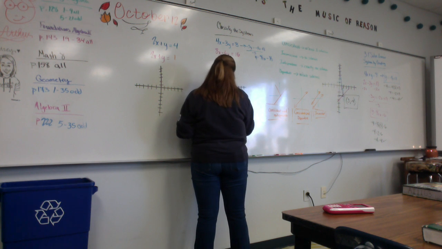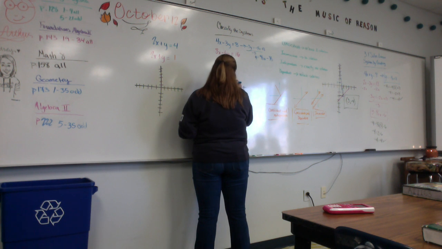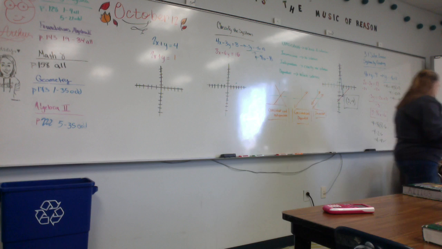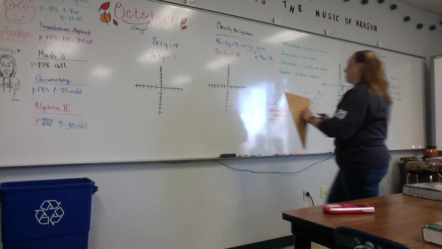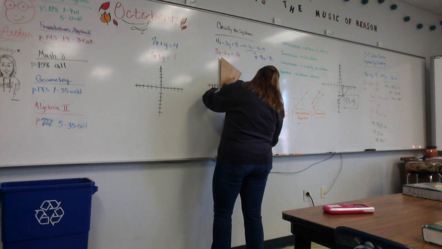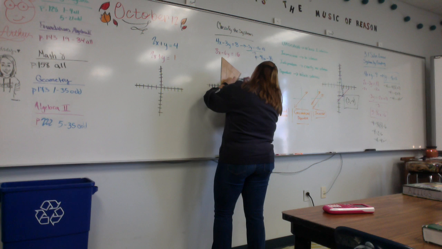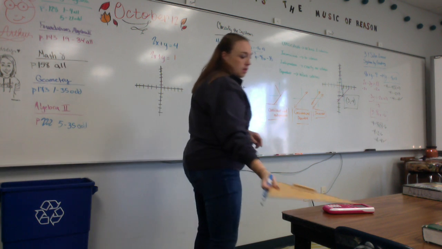Then I'm going to go up 4: 1, 2, 3, 4, and over 3: 1, 2, 3. Now do you see why I say it's important to use accurate graph paper? You're going to be doing lots of graphing. It needs to be accurate.